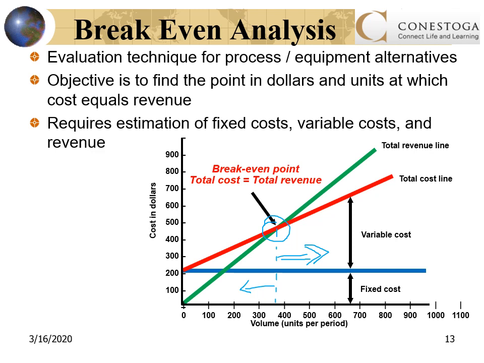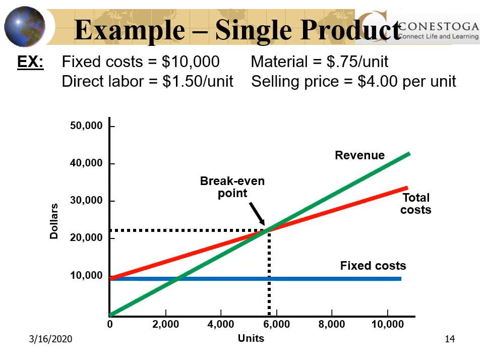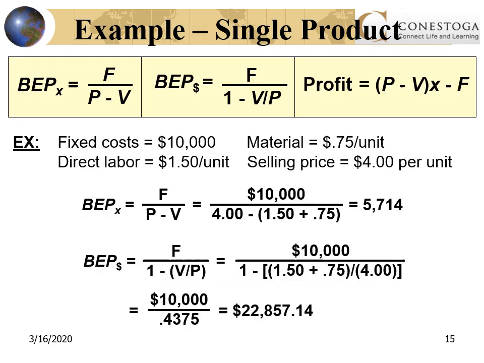This is the point at which both numbers are the same, no profit and no loss. Let's take an example. Please try to equate the lines. If I equate both the lines, I will be able to find the break-even point.